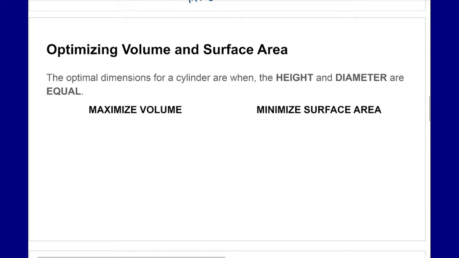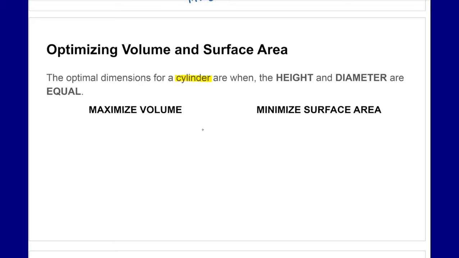Next, we're going to look at optimal dimensions for a cylinder. So if you can imagine, what type of cylinder would we need that would have optimal dimensions? Well, it's kind of already given to us, right? It says when the height and the diameter are equal. That's very similar to a cube, right?